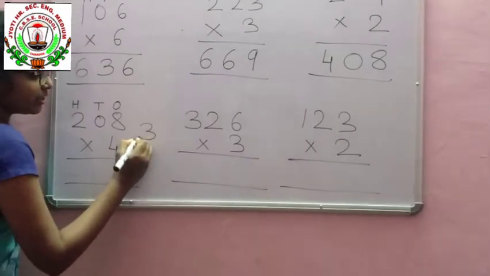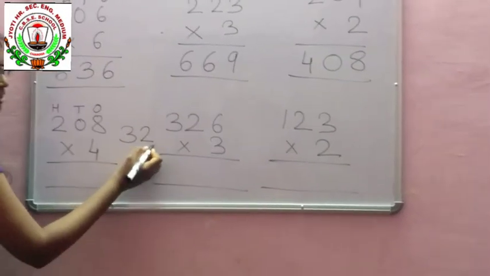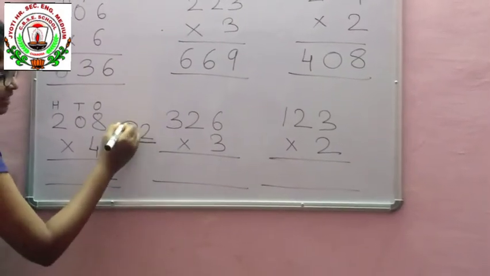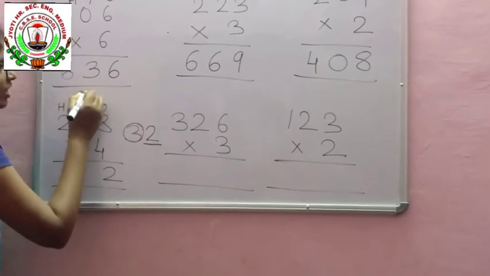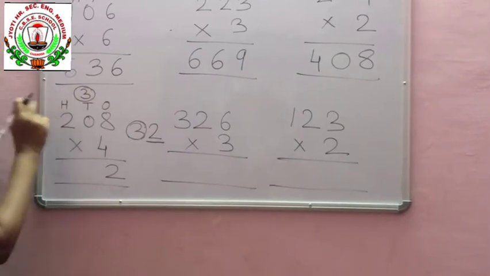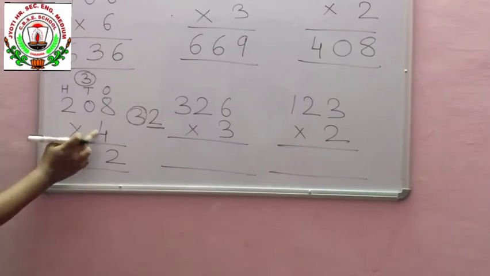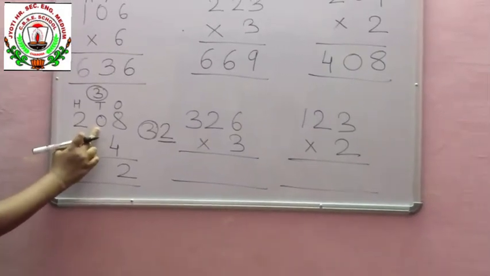So 32 is a 2-digit number. So we write this 2 in ones place, and this 3 will move to the tens place as a carryover. Understand, students?